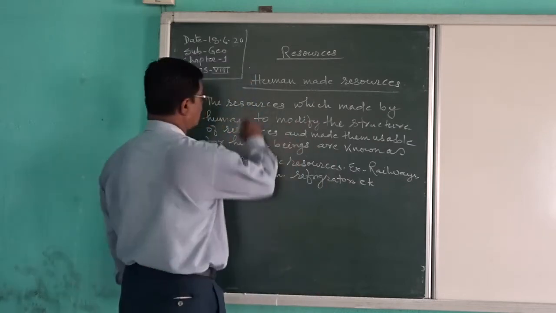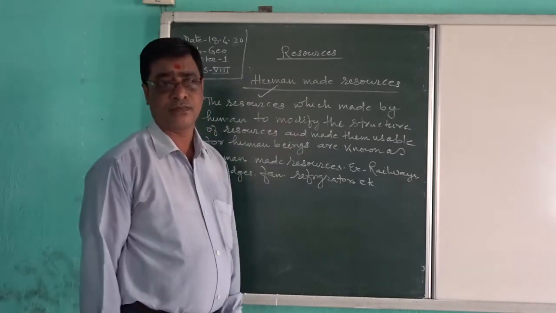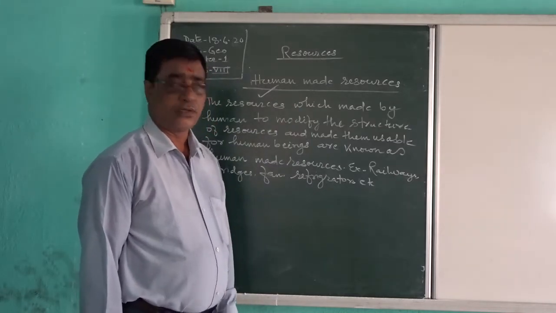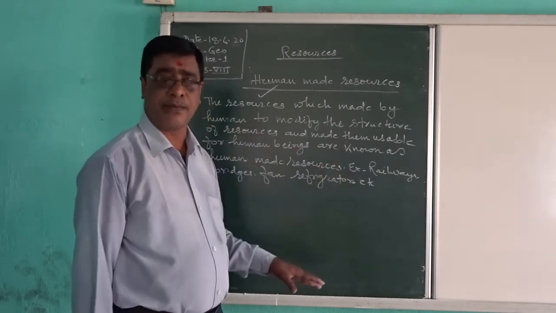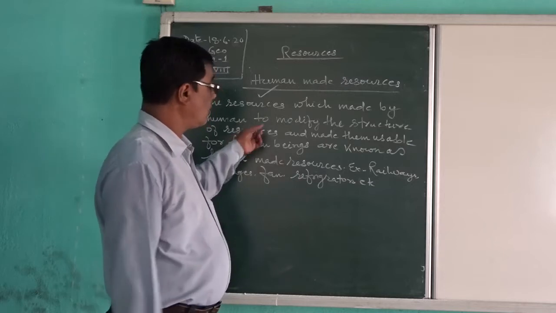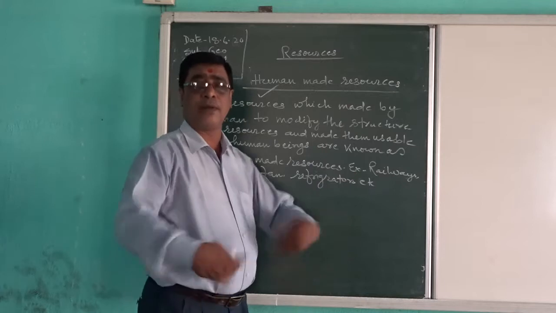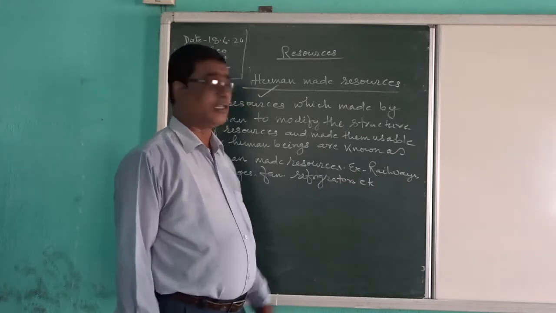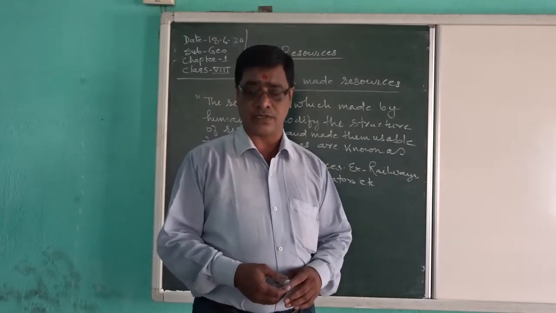This type of resource is known as human-made resources. Understand? So, dear students, the resources which are made by human beings, modifying the structure of the resources and making them usable and satisfying human needs, are known as human-made resources.